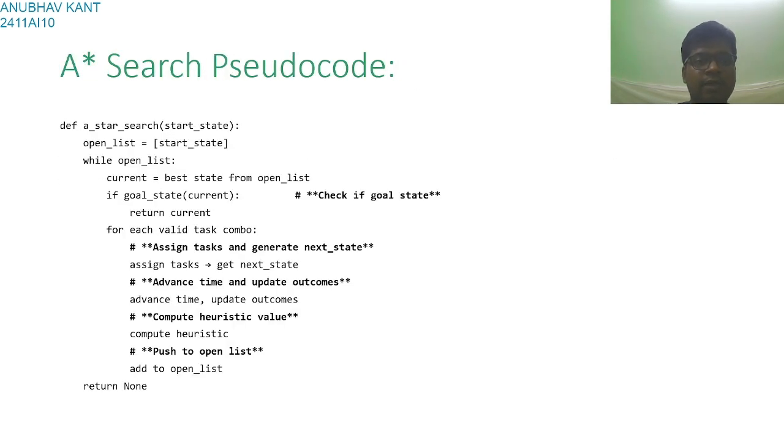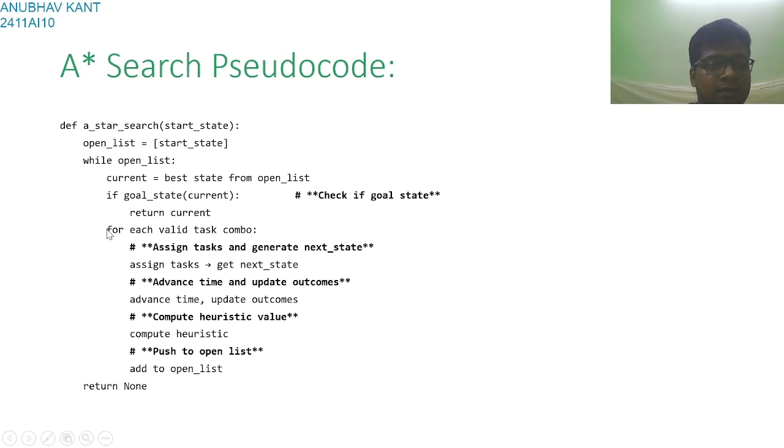And here is the pseudocode logic of the A star search algorithm. Here is the open list, and while the list is not empty, we update current to the best state from the open list. If the current state is the goal state, then we return the current.